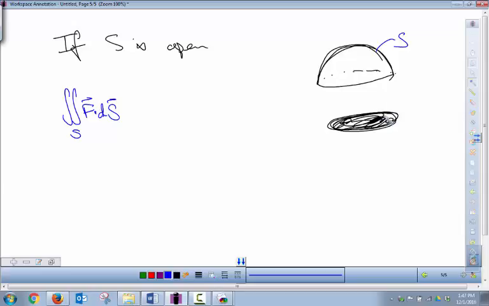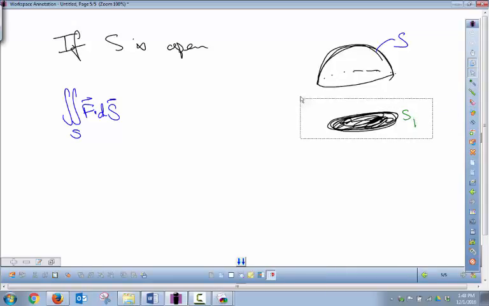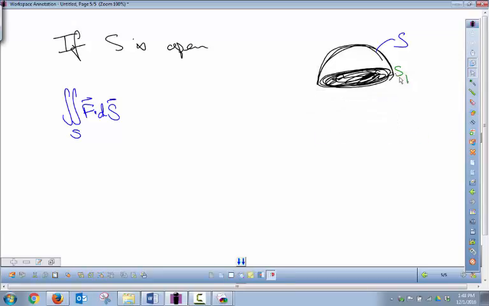Well, if you cap it off with this S1, so if you cap it off with S1, now you have a closed surface.